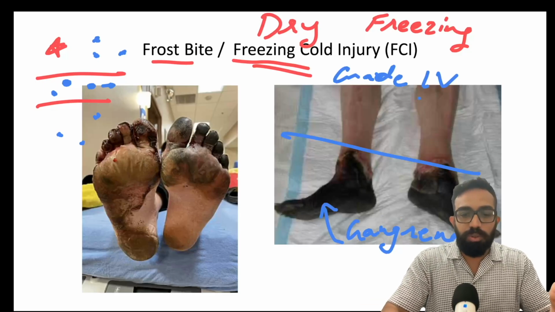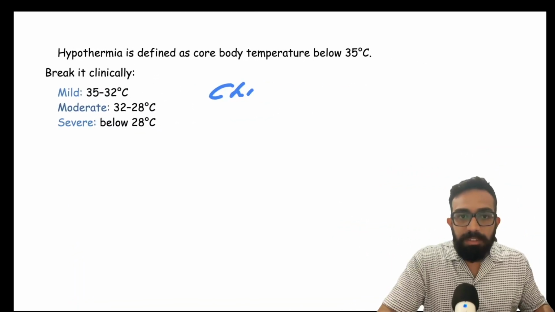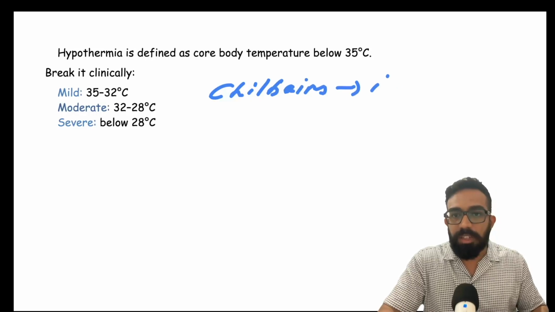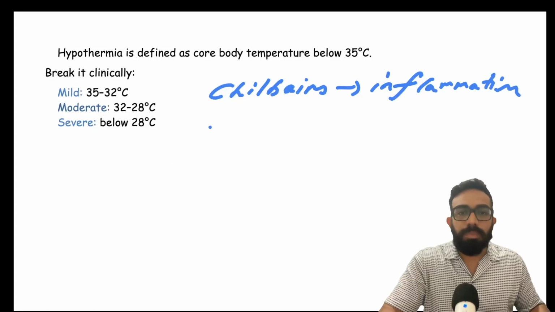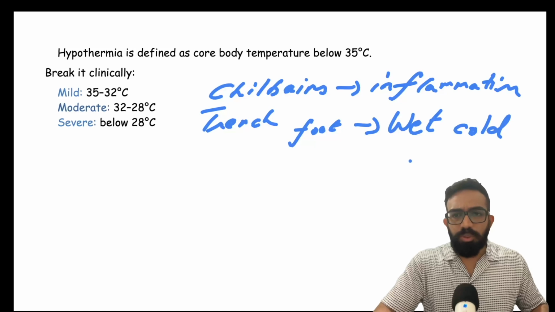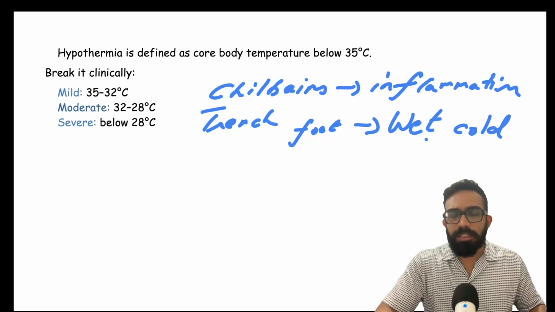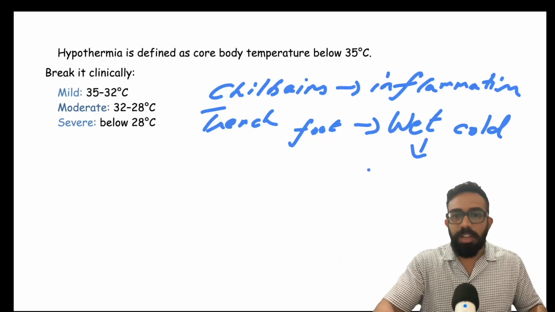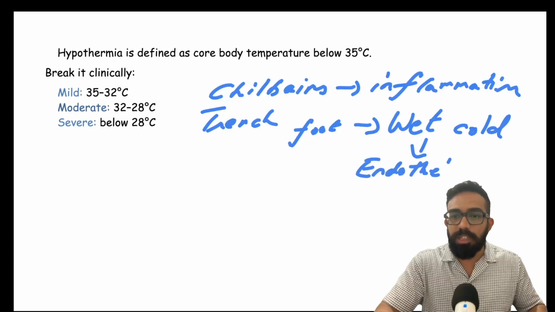What I want you to remember is that chilblains is basically inflammation. Trench foot is due to wet cold exposure, and the wet cold exposure causes vasoconstriction, and that vasoconstriction not only inflames but, a step higher, causes endothelial damage.